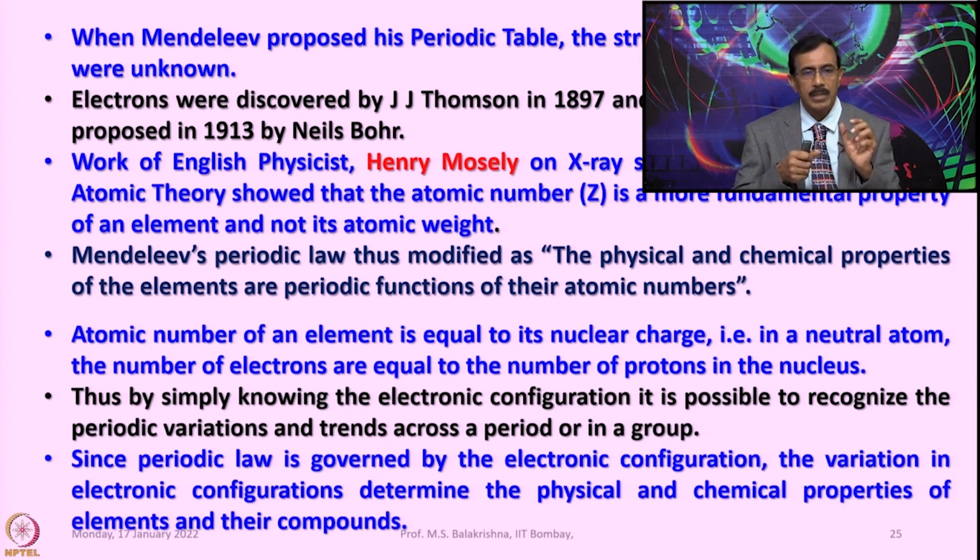Since the periodic law is governed by the electronic configuration, the variation in electronic configuration determines the physical and chemical properties of elements and their compounds, and hence it is very appropriate to say that the physical and chemical properties of the elements are periodic functions of their atomic numbers.